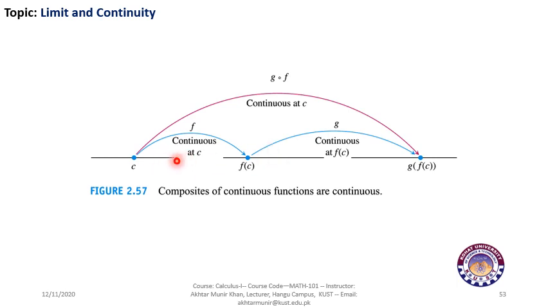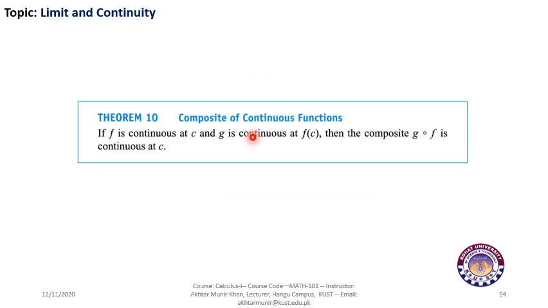Here we are not going into the detail of this theorem, but just to remember that whenever f is continuous at c and g is continuous at f of c, which is the image of c under f, then the composite function of g and f will also be continuous at x equals c.